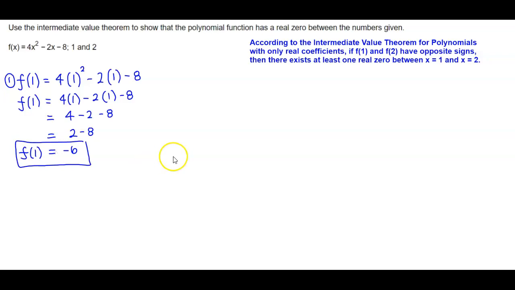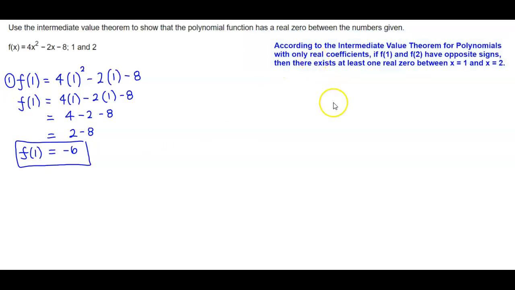Now let's find f of 2. We plug it into the function: 4 times 2 squared minus 2 times 2 minus 8.